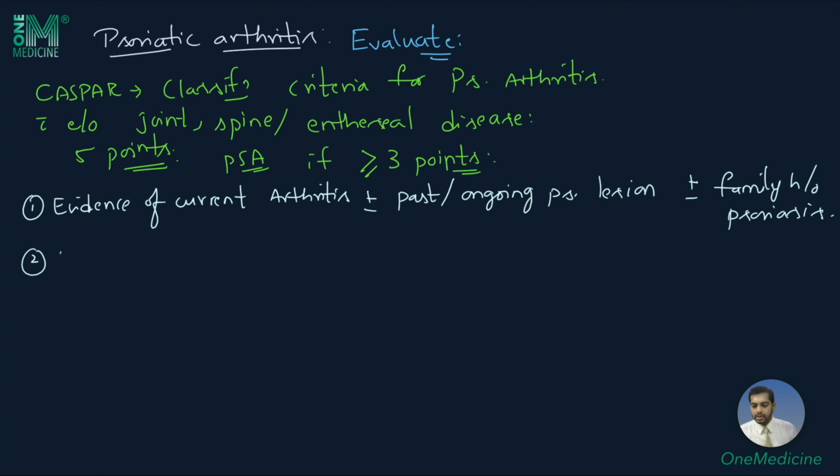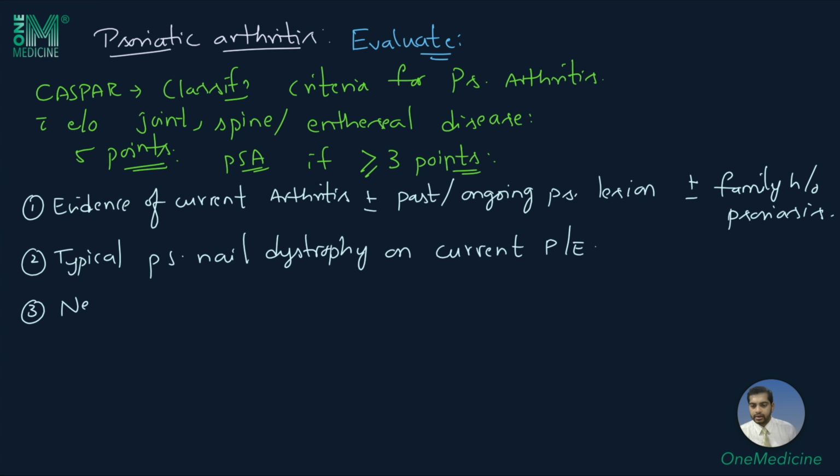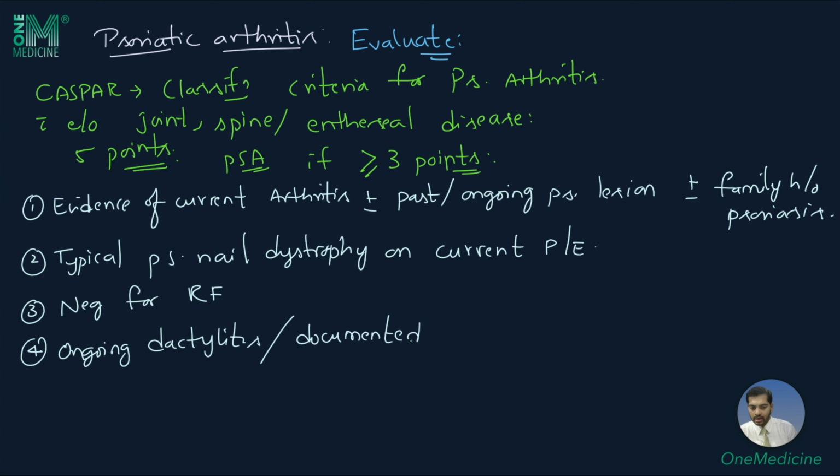Second is if the patient has typical psoriatic nail dystrophy on current physical examination. Patient should be negative for rheumatoid factor. Patient should have an ongoing dactylitis or a documented dactylitis in the past, which needs to be documented by a rheumatologist.